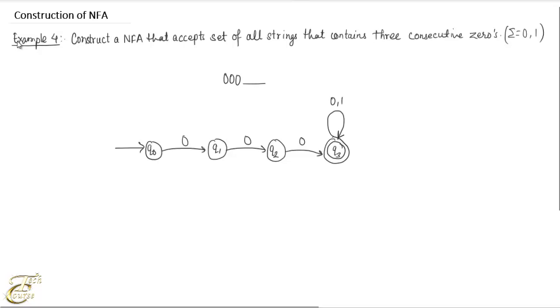Also whatever the symbol comes before these 3 consecutive zeros should also be accepted. Therefore we make this transition on the Q0 state, which will consume these symbols, and the checking of these 3 zeros is performed by this whole transition.